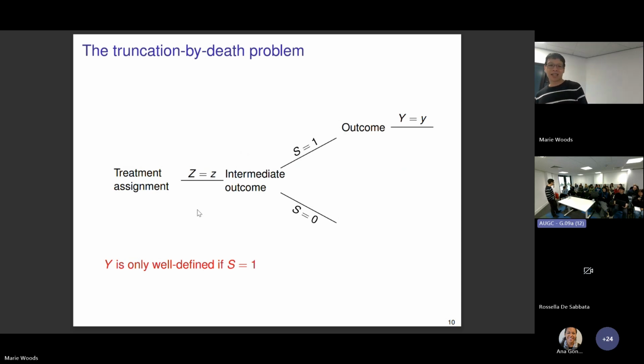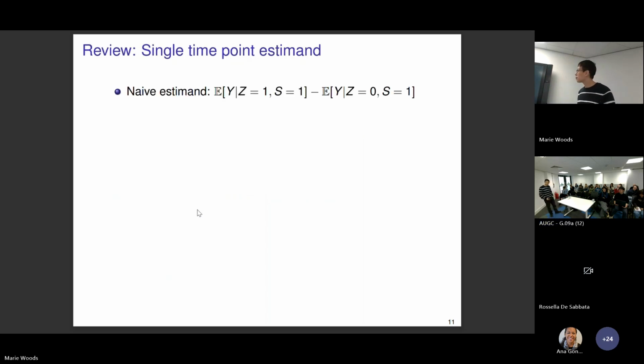You have a treatment assignment, and our outcome Y is only well defined if S equals 1. When we see this problem, what people usually do in practice is take a naive estimate: the average outcome among observed survivors in the treated arm minus the average outcome among observed survivors in the control arm.